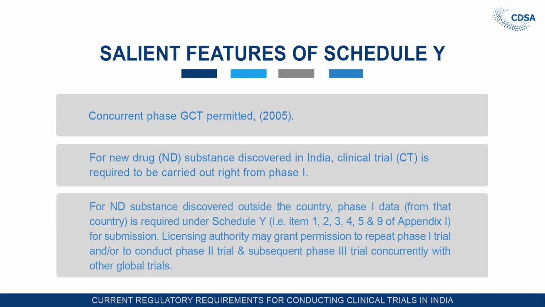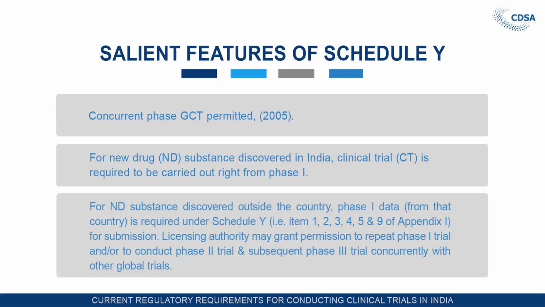For new drug substance discovered in India, clinical trial is required to be carried out right from phase 1. So if the drug is discovered in India, after preclinical trial, it is required to conduct all the phases of clinical trial, that is from phase 1 to phase 3 and subsequently phase 4.